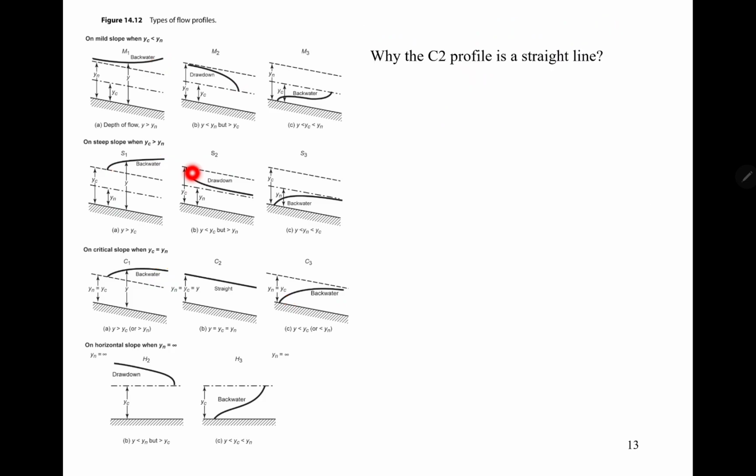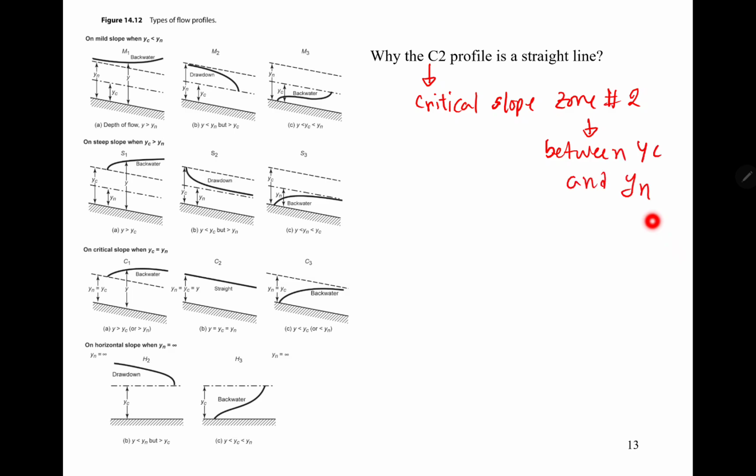Now the question: why is the C2 profile a straight line? If you look here, this is a straight line, there is no shape. That's because C2 is the critical slope, zone number 2. Zone 2 is the zone between yc and yn for any type of slope, mild, steep or critical.